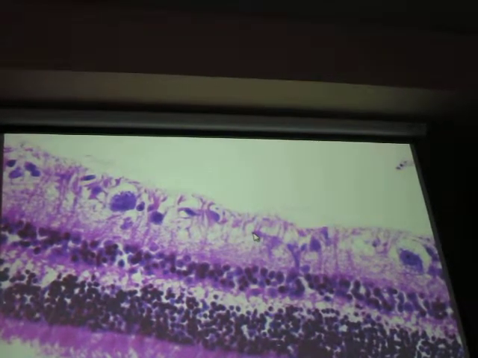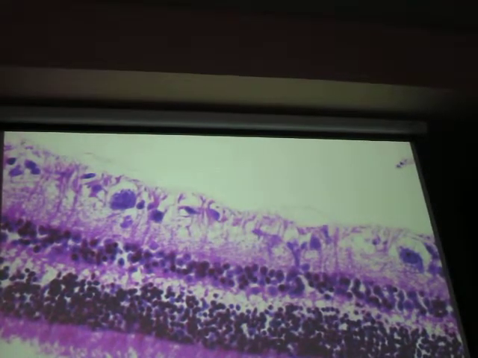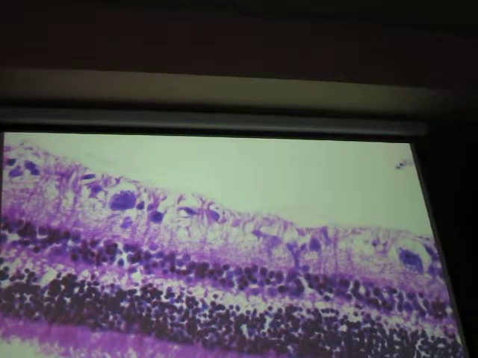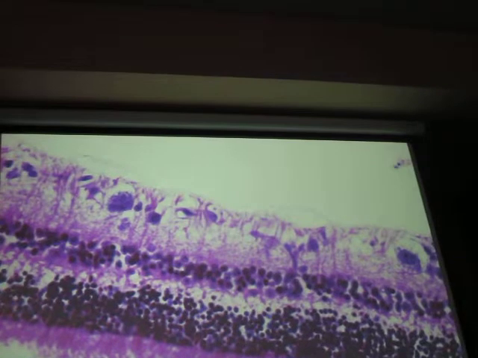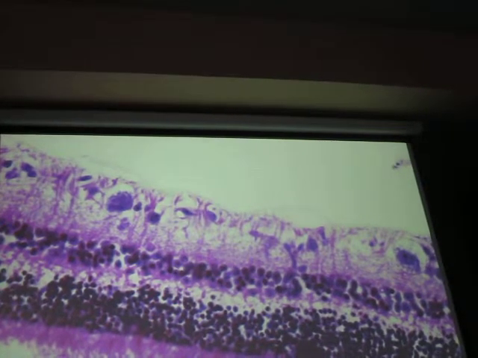What is in the plexiform layers? Those are just axons, nerve fibers. The nuclear layers and ganglionic layer are the cell bodies.